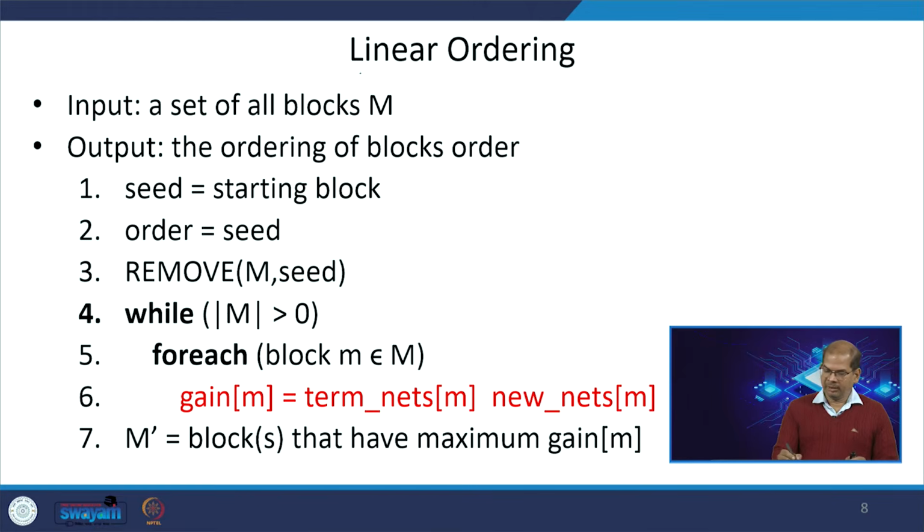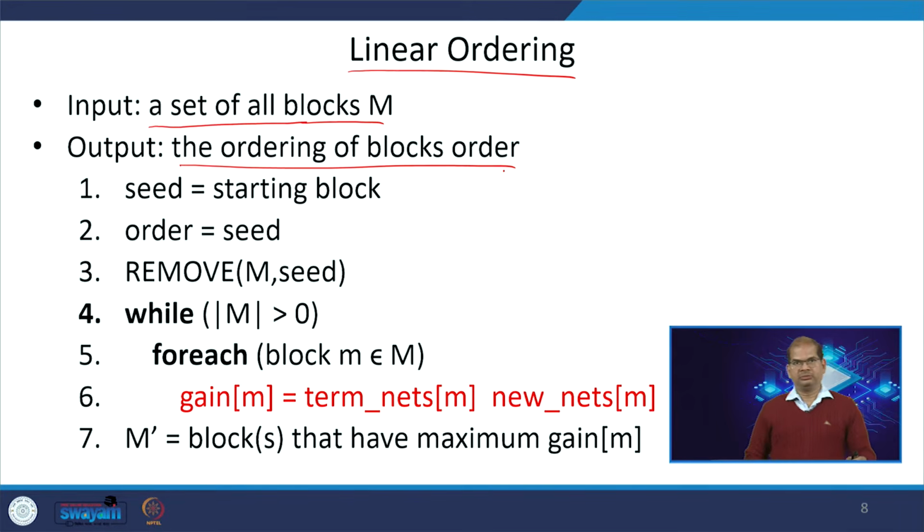So we will have a linear ordering algorithm. What are the inputs to that algorithm? It takes a set of all the blocks M, and the output is the ordering of the blocks. Basically, we have a set of blocks and the nets between the blocks are given to us. Then we will place the blocks in such a way that our interconnect distance will be minimum.